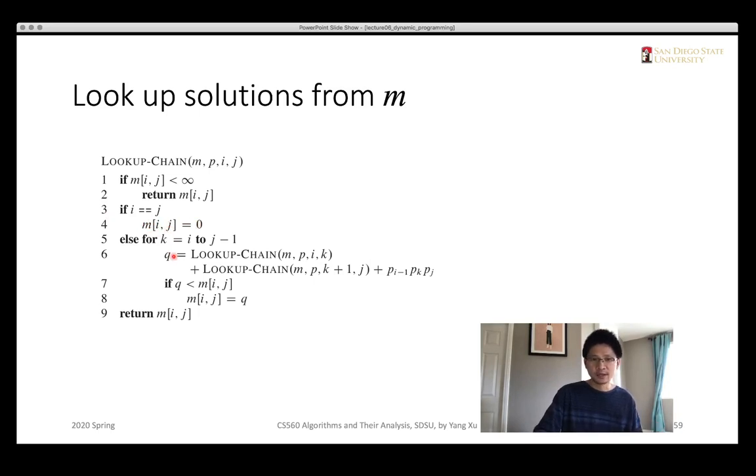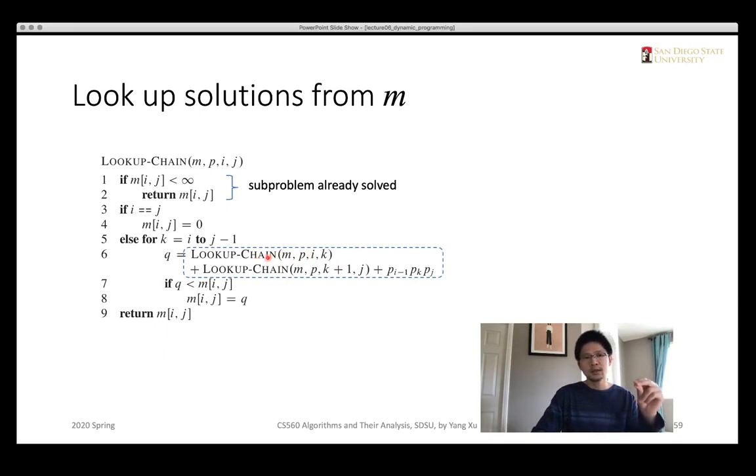In all the other cases, we need to solve the subproblem from i to j using the principle. From line 6, we use the principle of doing the split, right? We let k iterate from i to j minus 1, and we call the procedure itself recursively. Look at here.